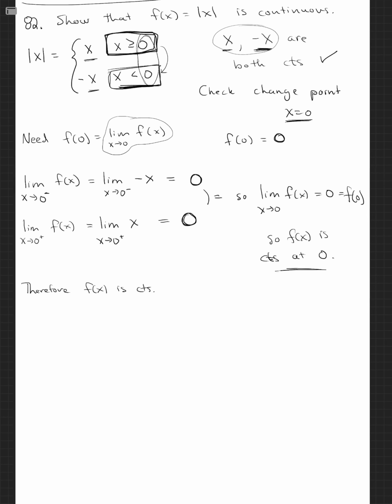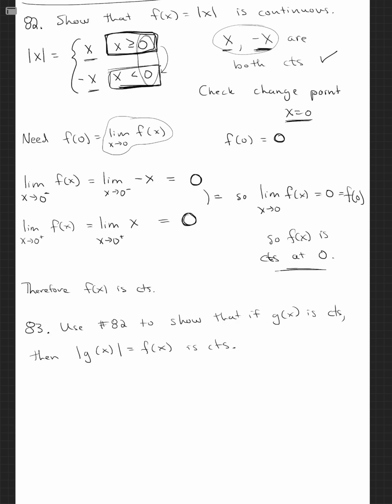Now, 83 wanted us to use this fact. 83 said use number 82 to show that if g of x is continuous, then the absolute value of g of x is continuous.